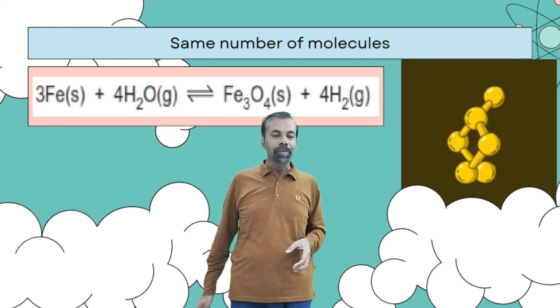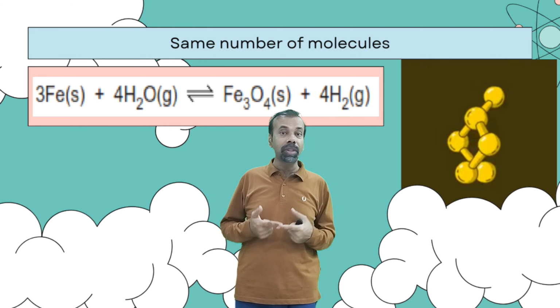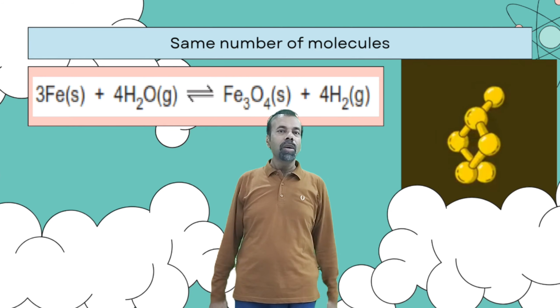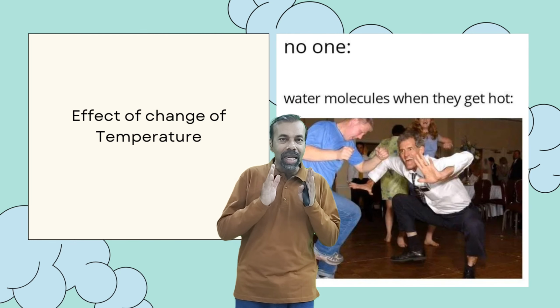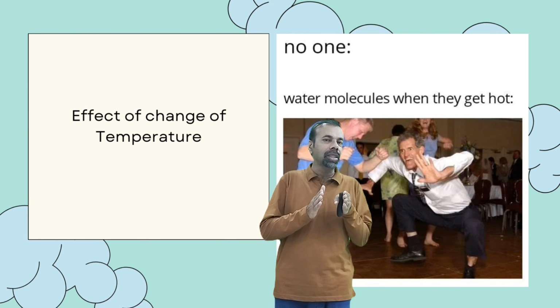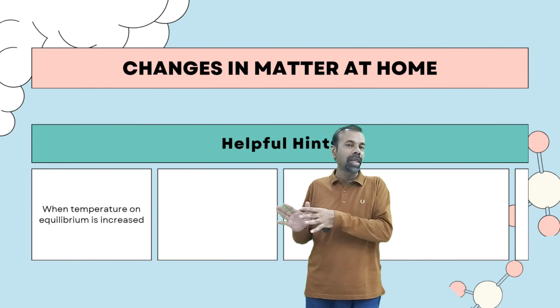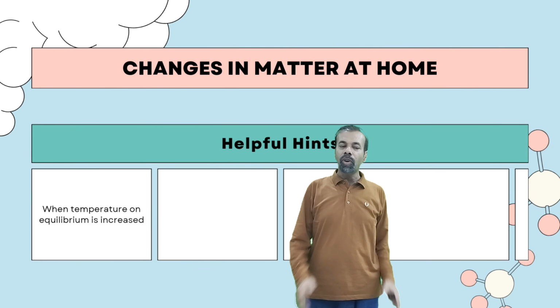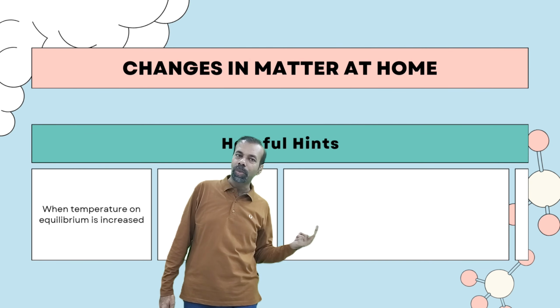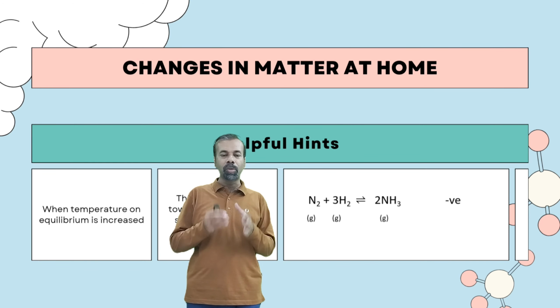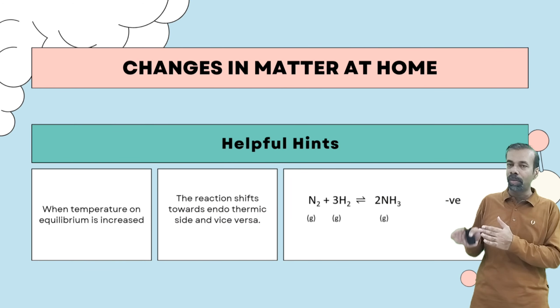shift. Okay. The second factor which affects equilibrium is temperature. By increasing temperature, the reaction shifts toward the endothermic side, and vice versa. For example, you can see N2 plus 3H2 makes 2NH3 and it says exothermic reaction.